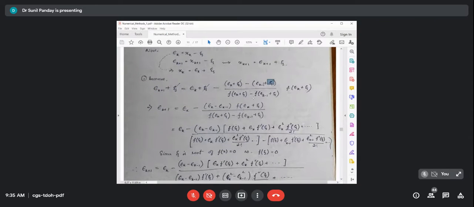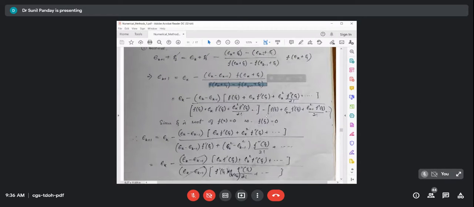After cancellation, we can see that in the numerator we have epsilon k minus epsilon k plus 1, and f of epsilon k plus 1 plus xi, divided by this. And then we know the Taylor series expansion of the function f of epsilon k plus xi.